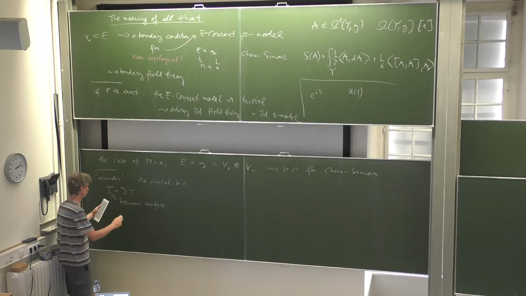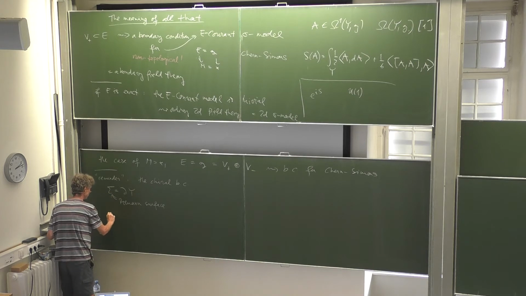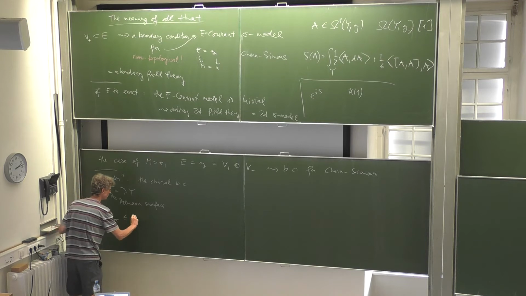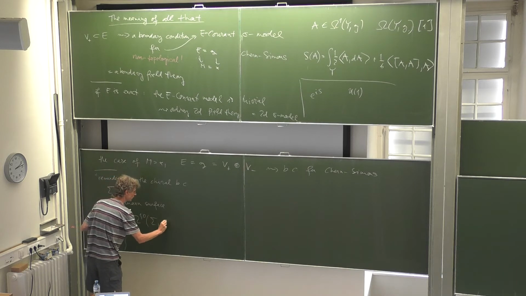The boundary condition says that when you take the field and restrict it to the boundary, then A on the boundary should be in Ω^{1,0}, a (1,0)-form on Σ with values in 𝔤.